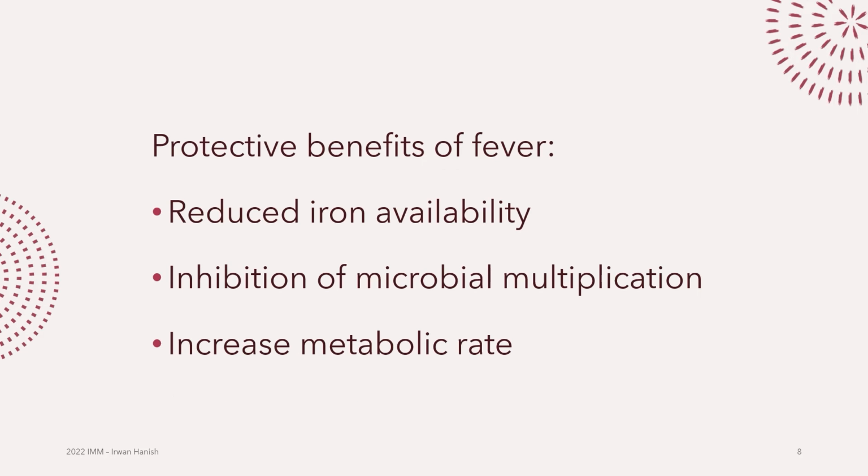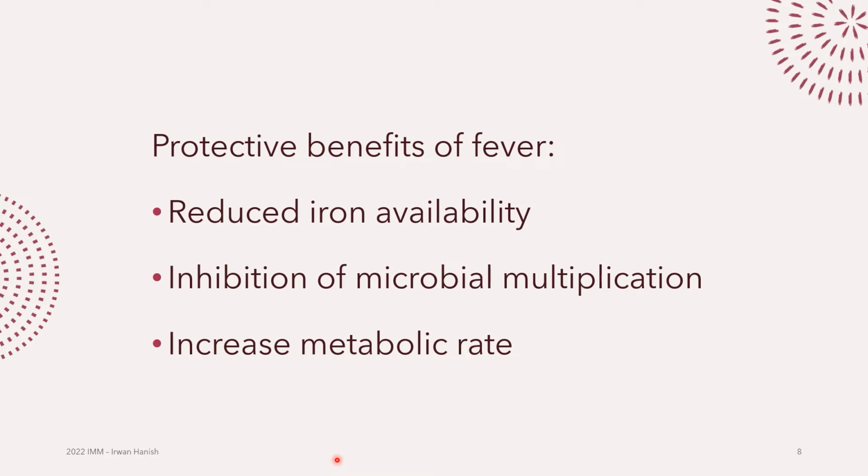So having a fever for too long can be quite damaging, but for the short term, having a fever is a great defensive move because number one, it initiates iron withholding, which means your body reduces the availability of iron in the environment. And that's useful because iron is a critical mineral for many pathogens. So it's sort of a logistical attack where we are attacking the enemy supply instead of the enemy themselves.